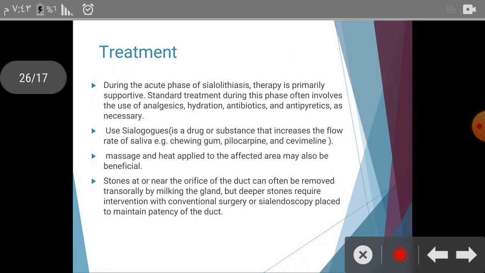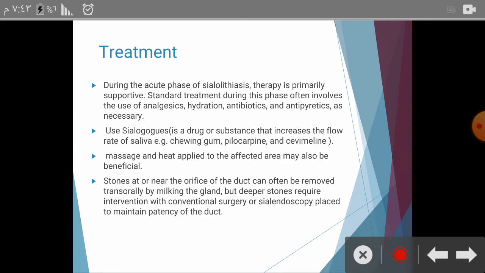The treatment during the acute phase of sialolithiasis therapy is primarily supportive. Standard treatment during this phase often involves the use of analgesics, hydration, and antibiotics if necessary.